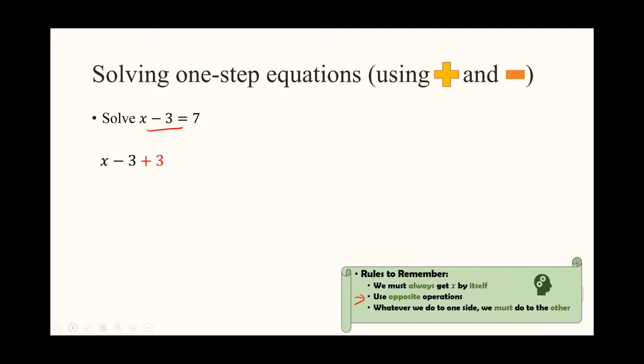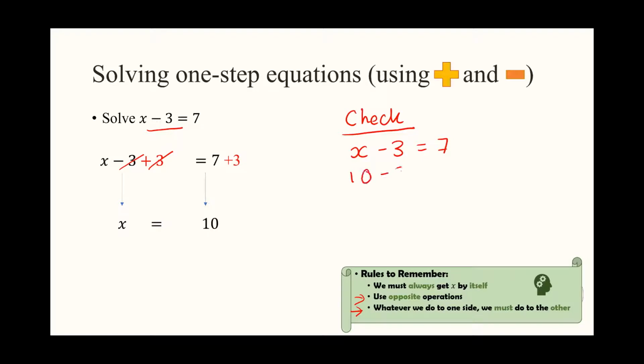This leaves us with x, because minus 3 plus 3 gives 0, and we have to then add 3 also onto the right hand side. So 7 plus 3 makes 10. Now if we're checking this, we substitute it back into the original equation. And we see that 10 minus 3 does indeed equal 7.